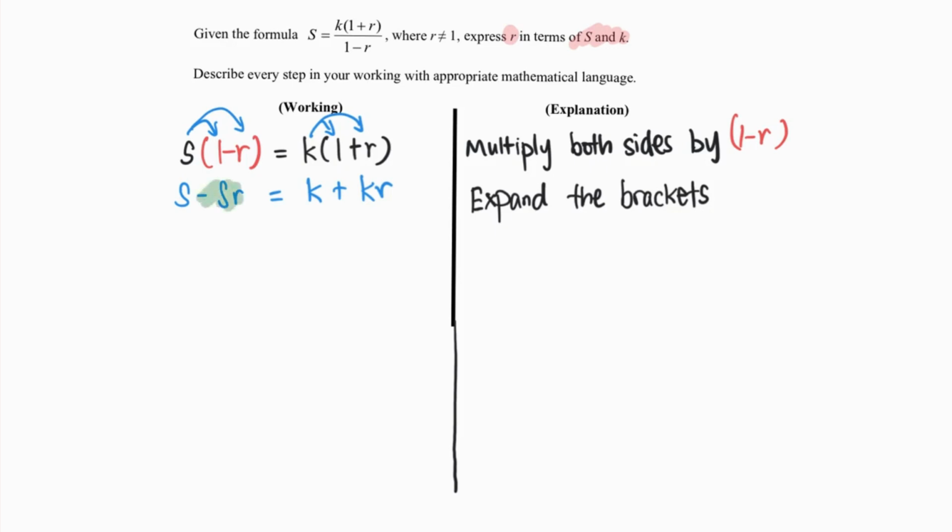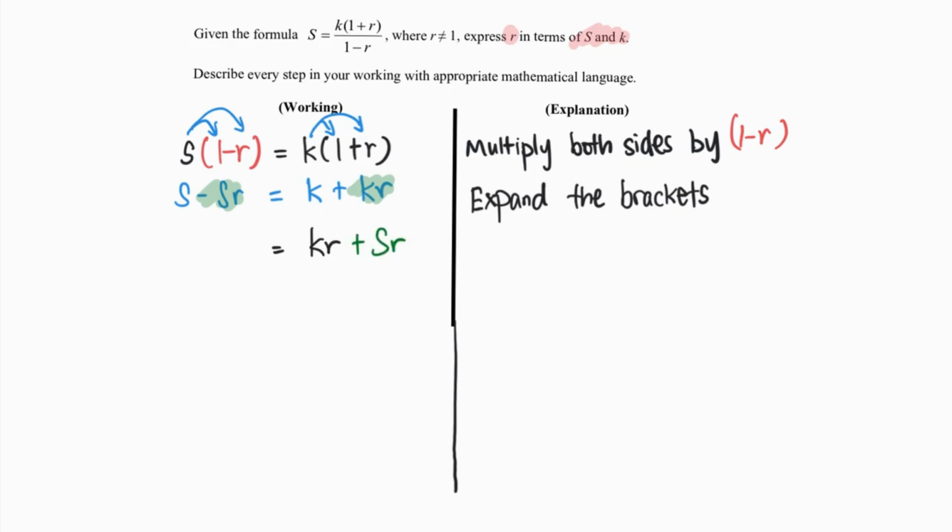This and this, and I'm going to do it strategically because I like positive. So I'm going to add SR on both sides so that my KR is still here, but I have successfully moved my SR over.